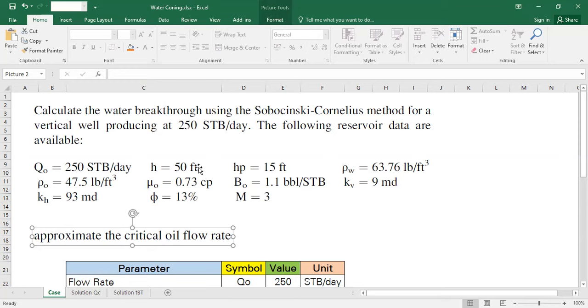So yeah, people will produce above the critical oil flow rate. Okay, of course you will have faster water breakthrough, maybe early water breakthrough, but they allow that because they need to boost the production. Okay, but it's a topic for another day. We just need now to calculate the critical oil flow rate.